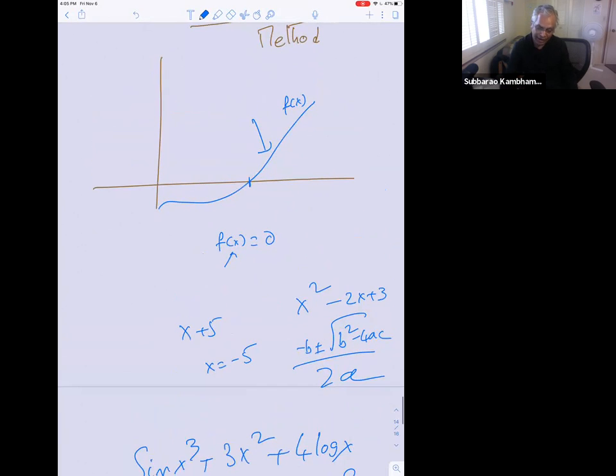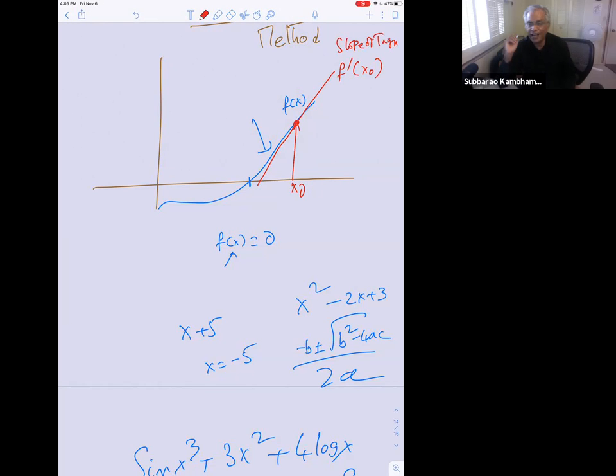And the Newton-Raphson method essentially says, start anywhere. Let's say here, x0. Take the tangent there. The slope of the tangent is f dash x0. I'll say it again later.